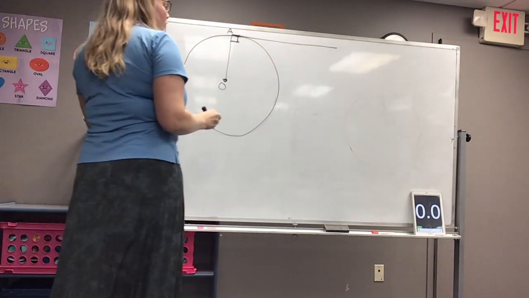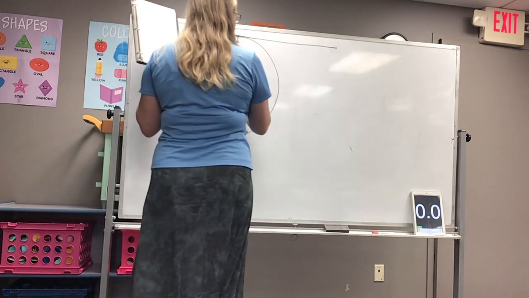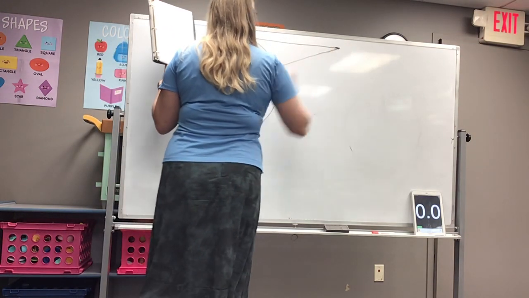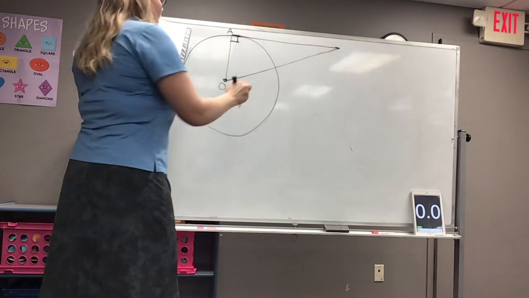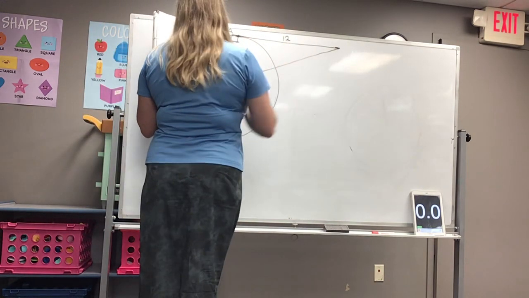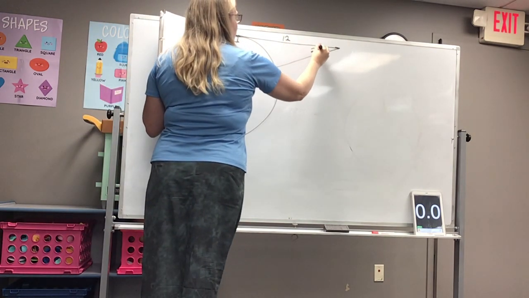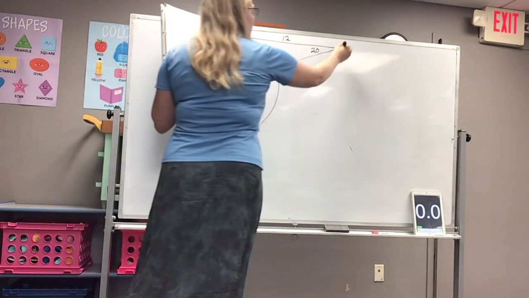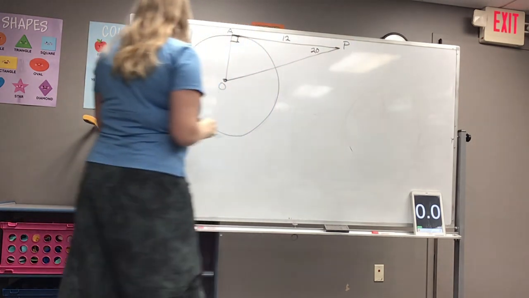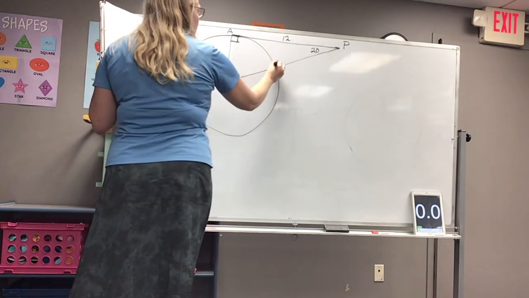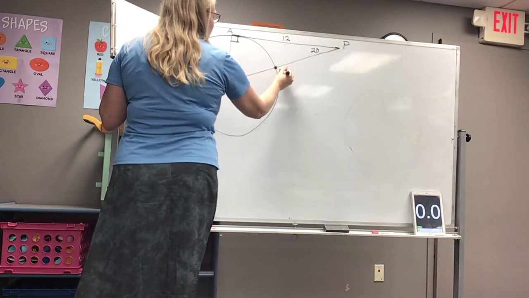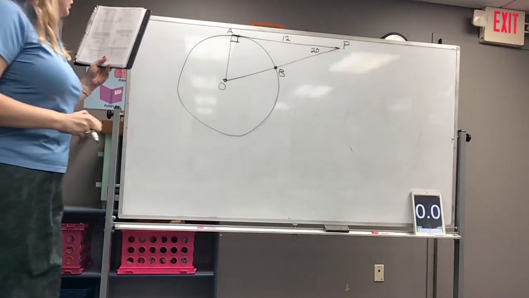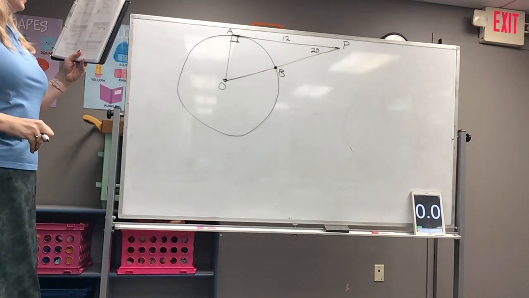The right angle was drawn in the original picture, so you don't have to know tangents are at right angles, but they are. We have a distance of 12, a degree measure of 20. Oh, that's interesting. We've got 20 again. This is point P. And then point B is also laying on the circle.